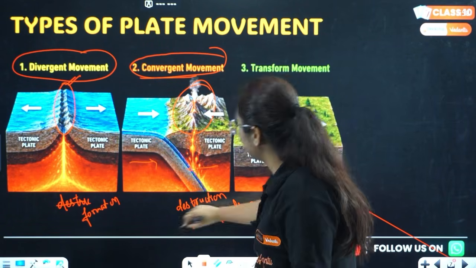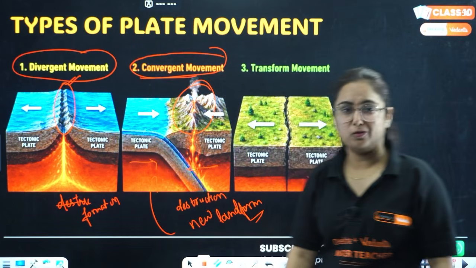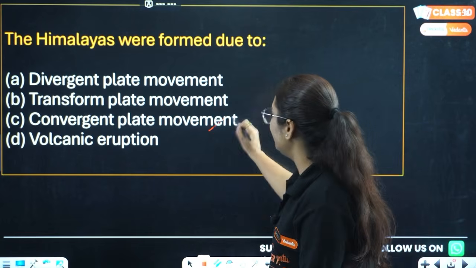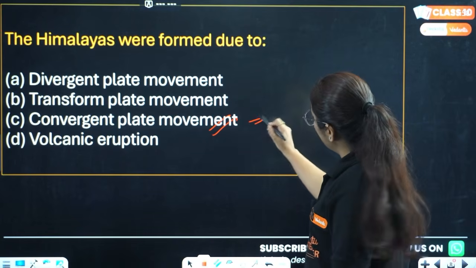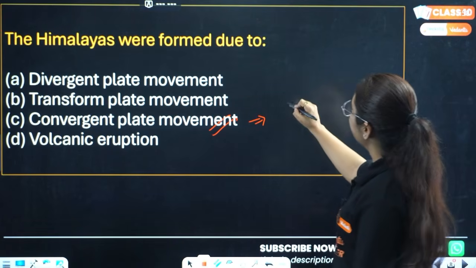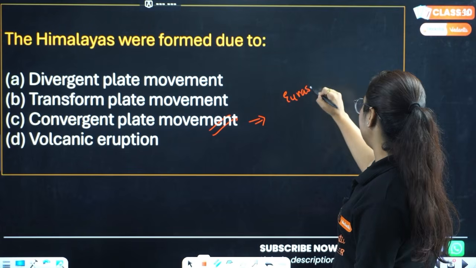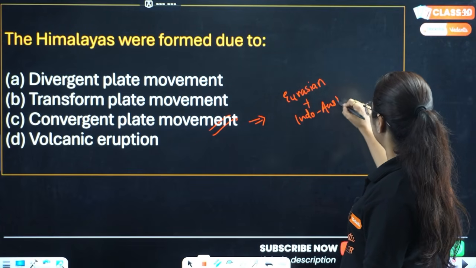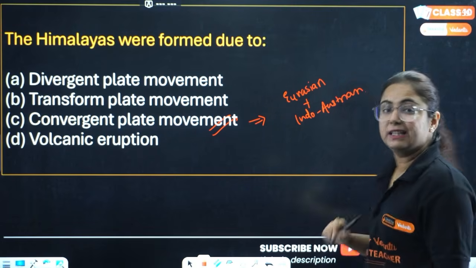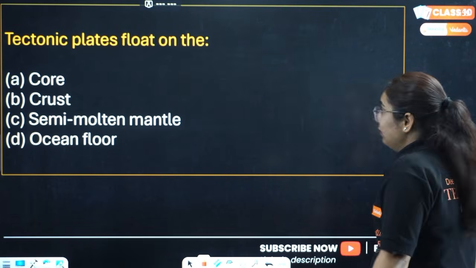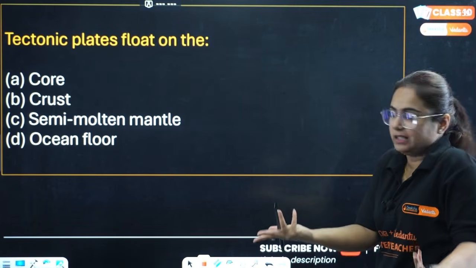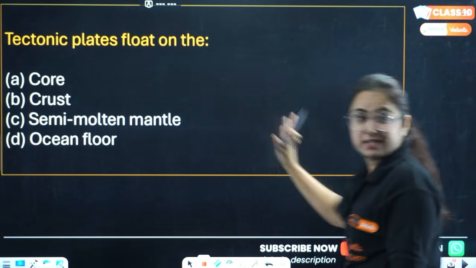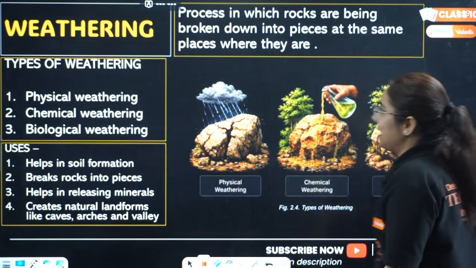The Himalayan mountains are formed due to convergent plate movement, where two plates converge. So we have the Eurasian plate as well as the Indo-Australian plate. This is how certain landforms are formed. Now, this is easy, which you are going to tell me in the comment section.